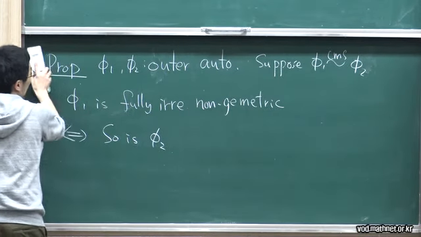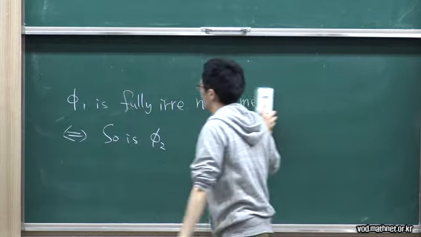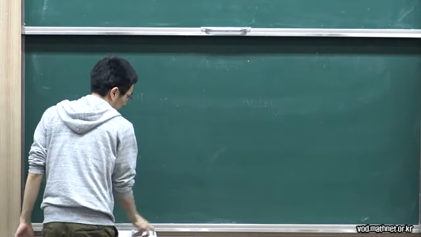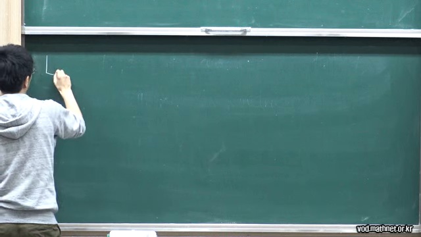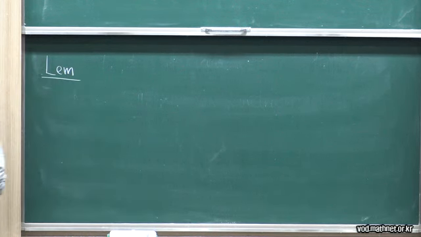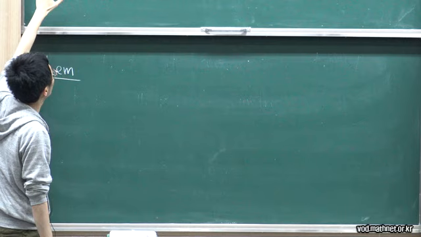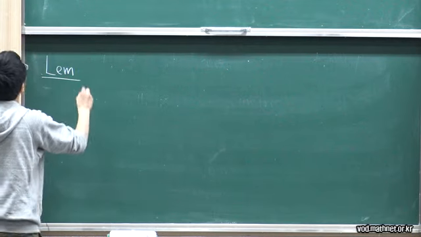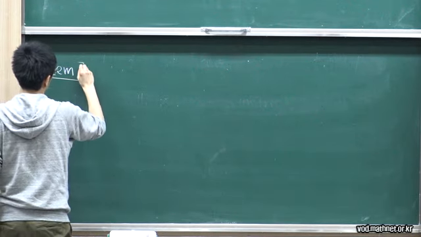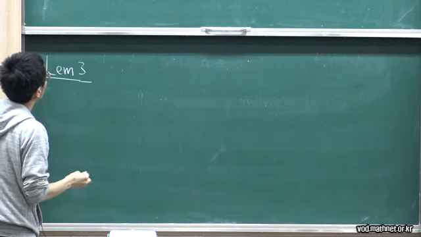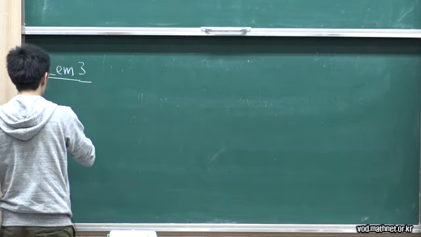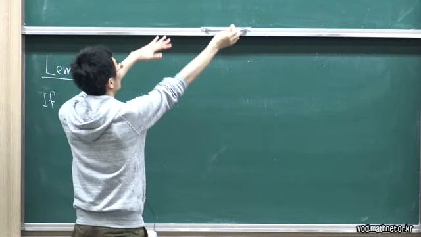And the final statement is as follows. So actually from lemma 1, we see that if we pick some element in the commensurability class, then after taking power, we actually get this situation. And lemma 3. So actually, I assume the conclusion here.